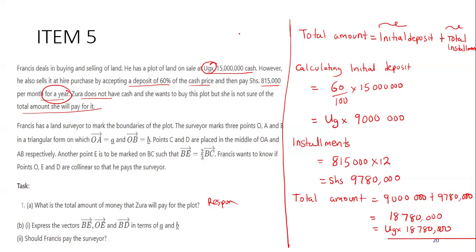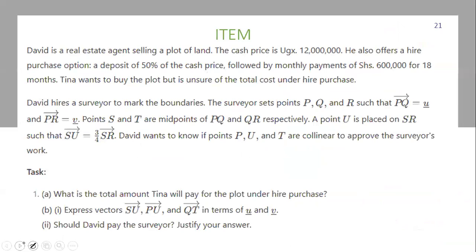Okay. Now we continue to the second part. They told us that David hires a surveyor to make the boundaries. The surveyor sets points P, Q, and R such that PQ is this, PR is this.